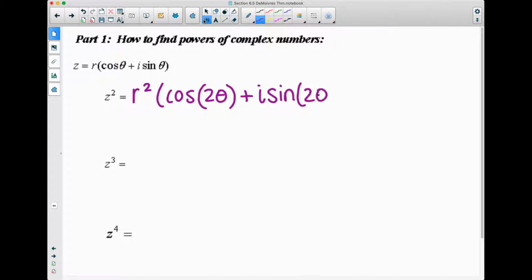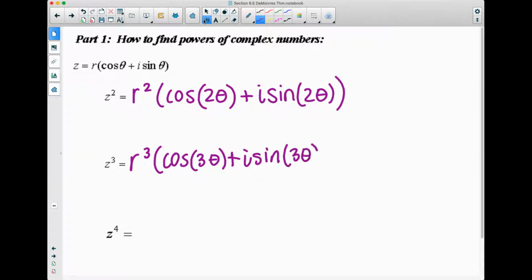There is an actual proof to it, but because we spent half the time working on the previous step, I'm just going to skip to just showing you all that. So you can assume that if we had z cubed, it'd be r cubed cosine of 3 theta plus i sine 3 theta. And then I have the general formula on the next slide.